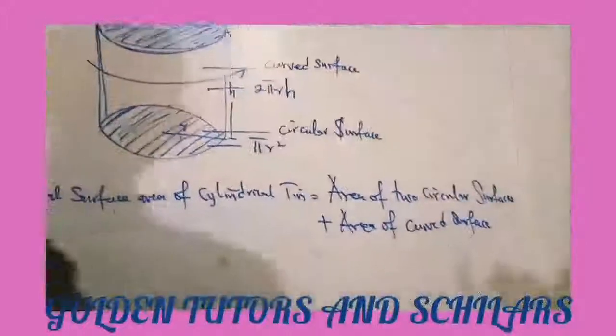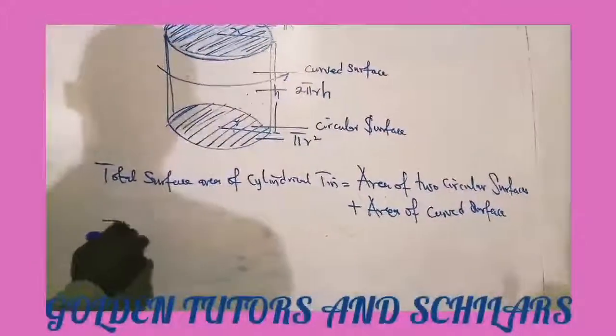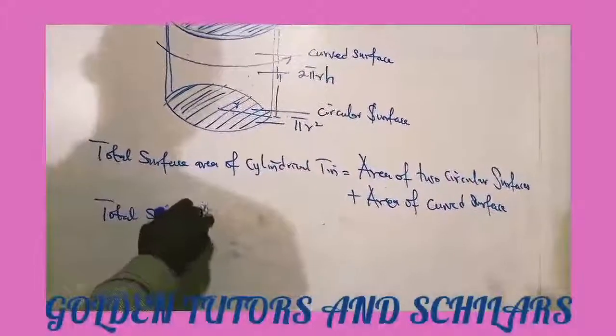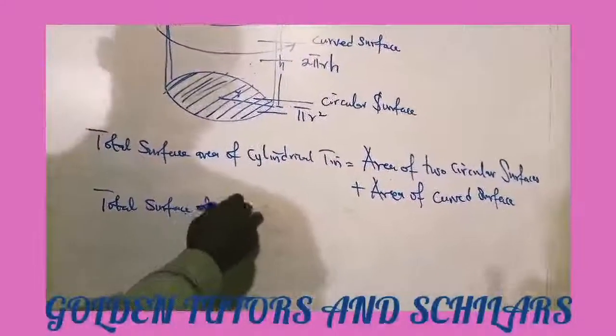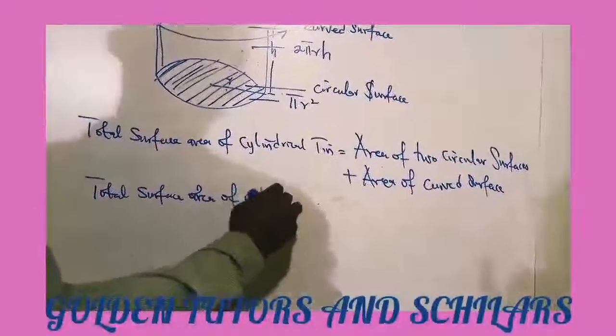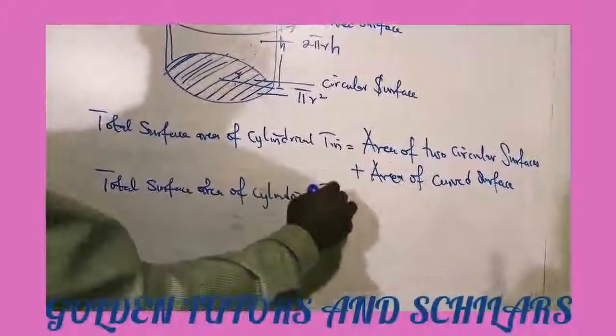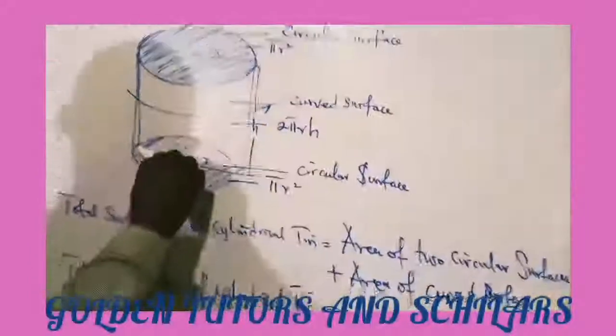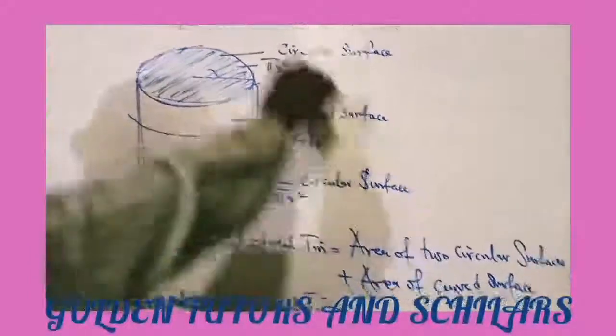So the total surface area of the cylindrical thing when it is closed at both ends means we can determine the surface and the curved surface.